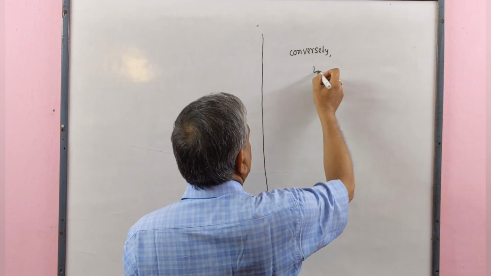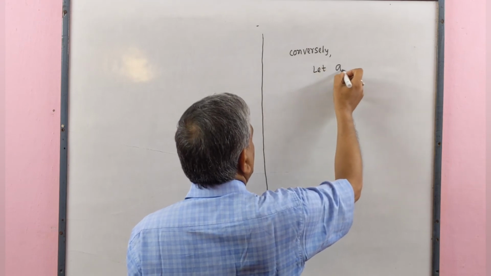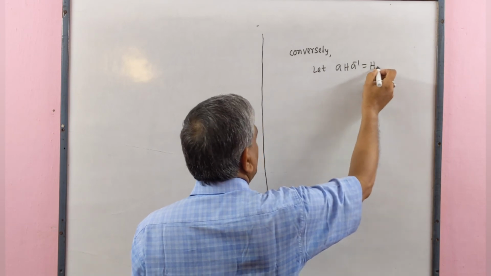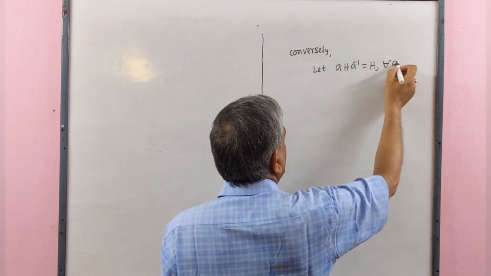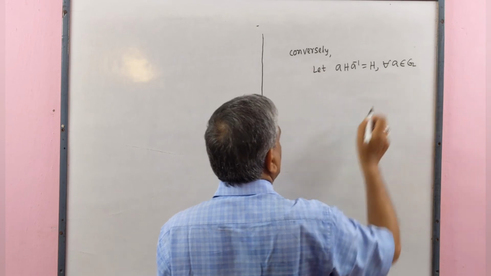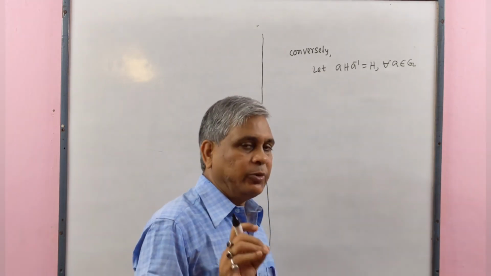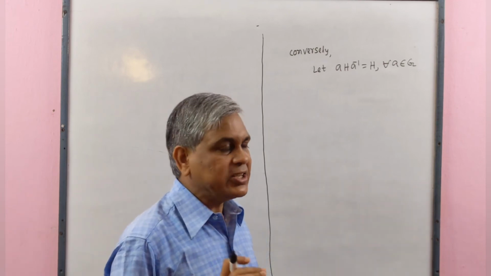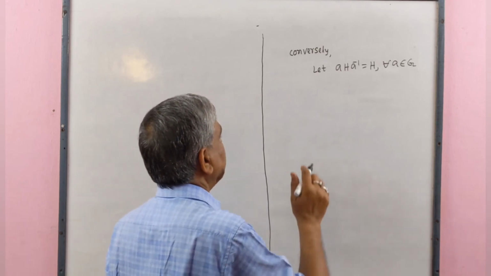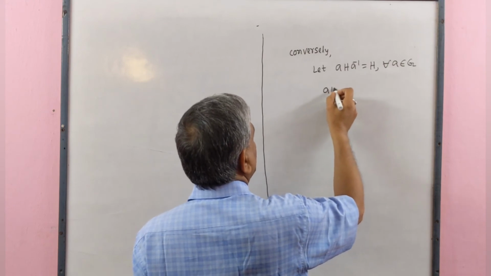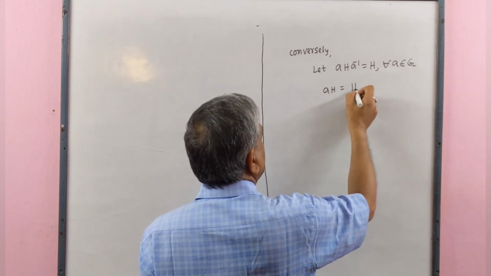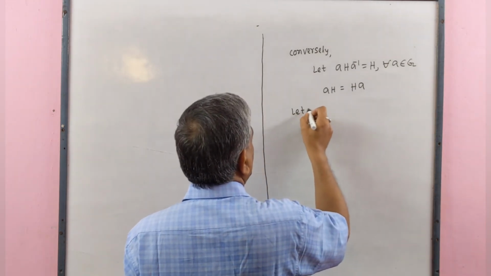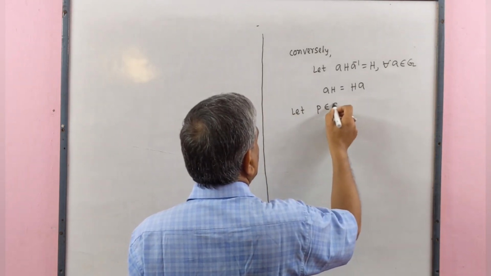Conversely, let AHA inverse equal H for all A belongs to G. Now we have to show that H is a normal subgroup of G, that is, left coset equals right coset. Let P belong to AH.